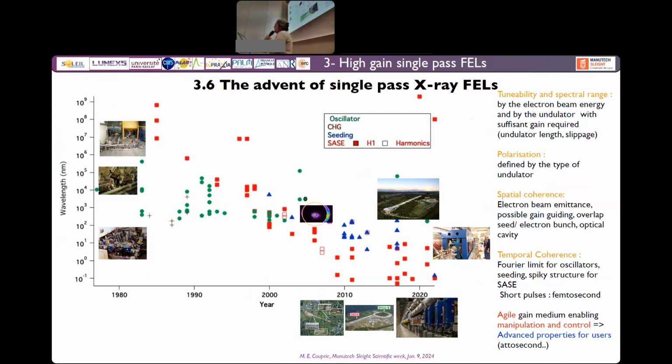So if I recapitulate the properties, we have tunability, which is very easy with the undulator or with the electron beam energy. And this is really a nice property of the FEL. Tunability is very simple. Polarization is simple. It's the technology of the undulator. Spatial coherence depends on the electron beam emittance, electron beam quality.